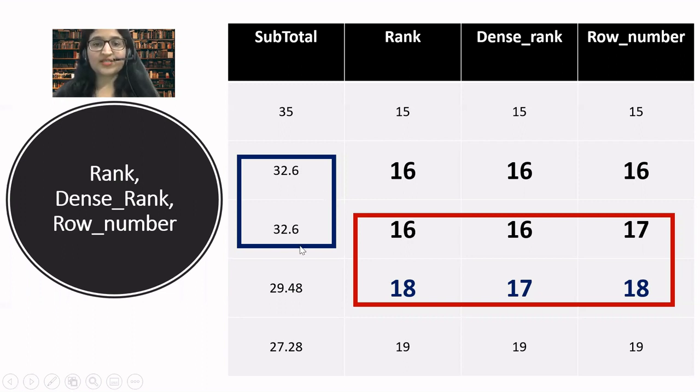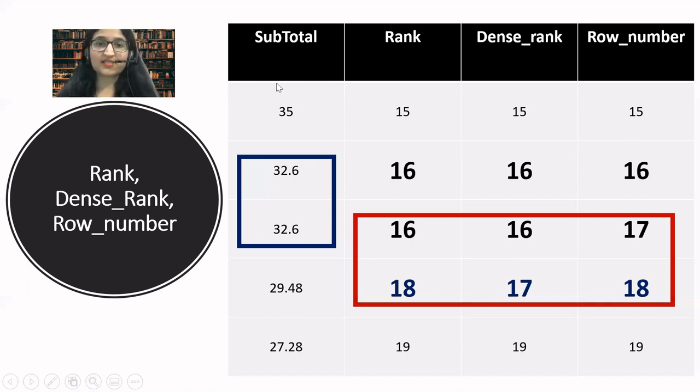So let's say 32.6 comes 4 times, then you will have 16, 16, 16, 16 in both rank and dense rank. But row number will assign a unique number to each value, even if it is the same, based on the serial number of the row.